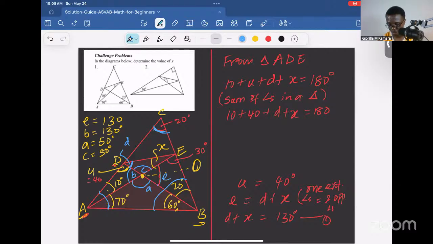How do we get X? How do we get X? X plus D is always equal to 130.